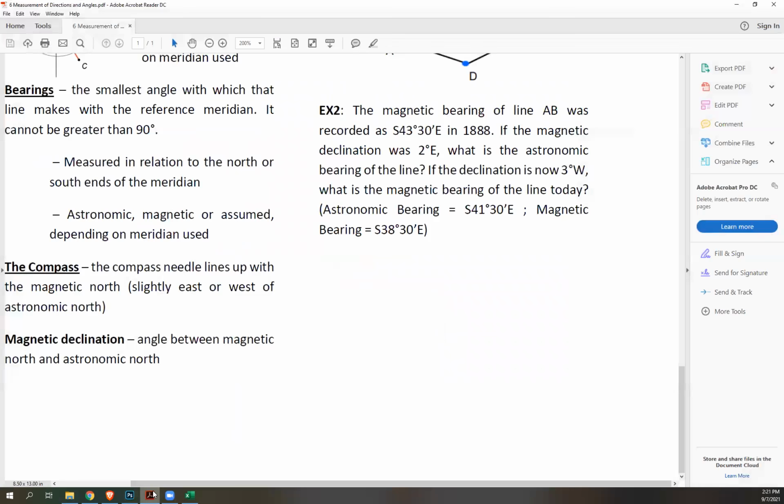Now, the reason why we're given a year here, you might be wondering what's the significance of that. The significance of that is because the amount of declination your magnetic meridian has increases or decreases over time. Okay, so for 1888, it was 2 degrees. And as you can see now, after several years, it turned into 3 degrees west.